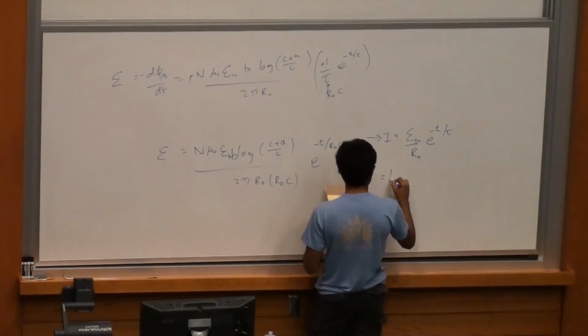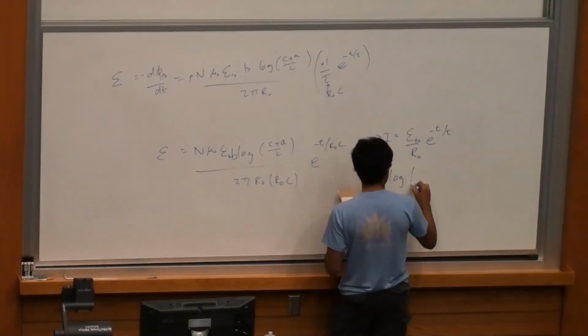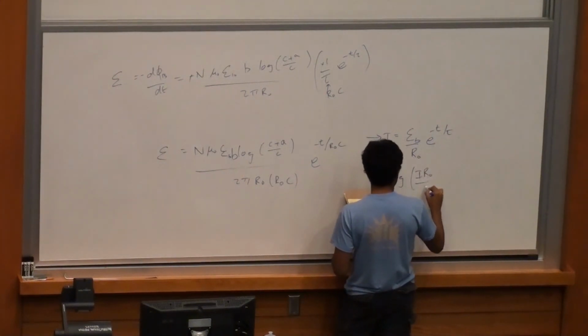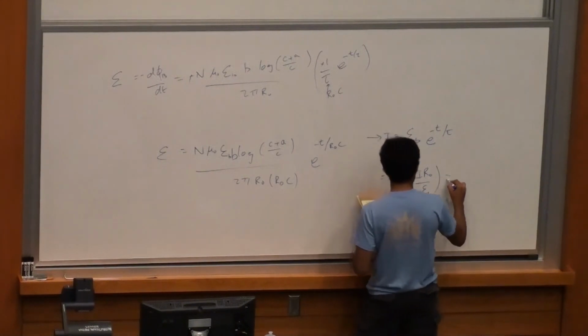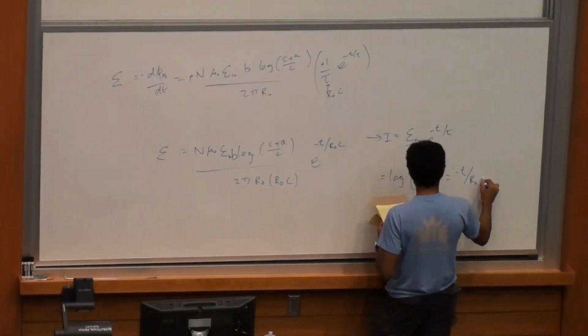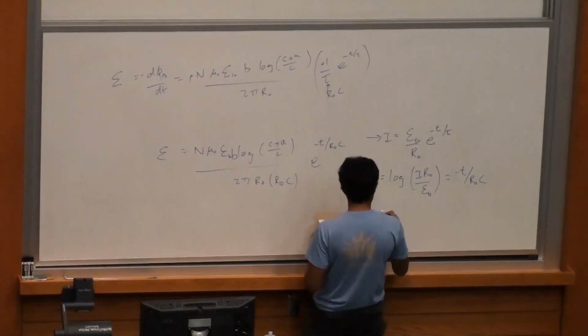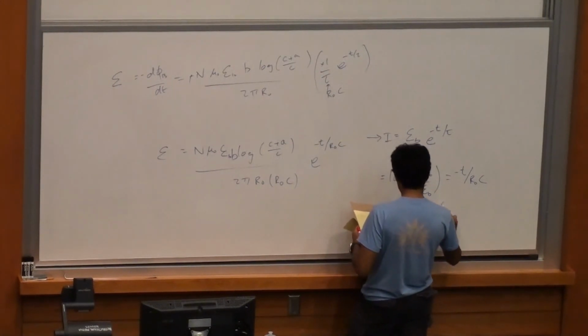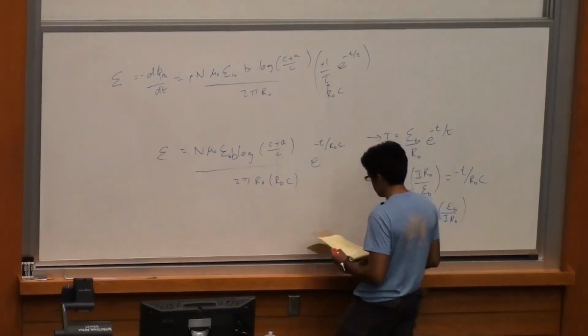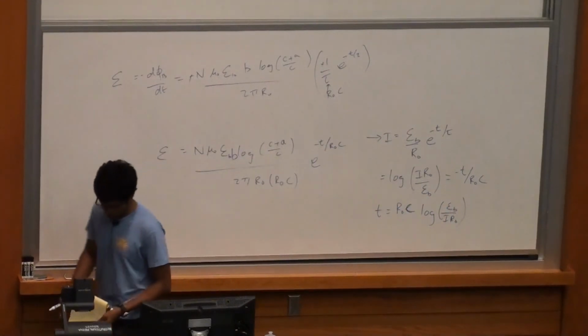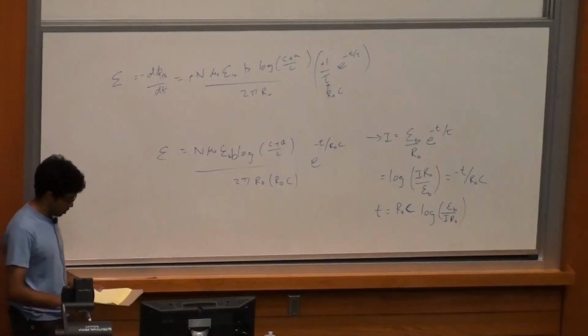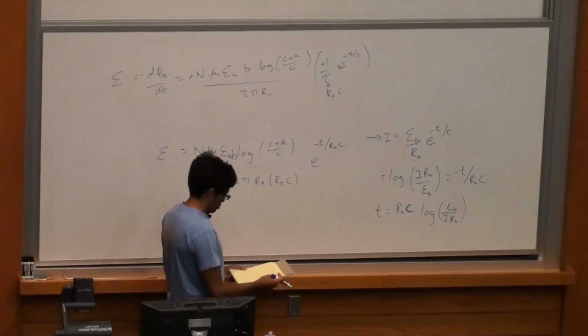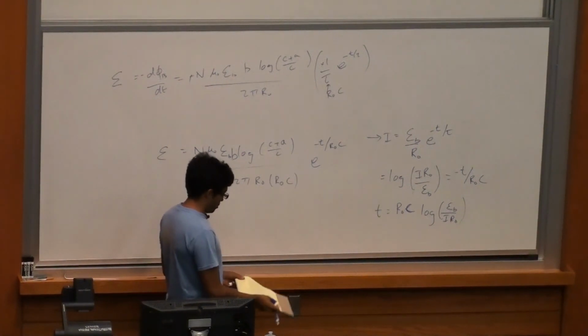So this ends up being log of I R naught over epsilon B equals negative t over R naught C. So therefore, the time it takes is R naught C log of EB over I R naught. And then you plug in and you calculate the current.